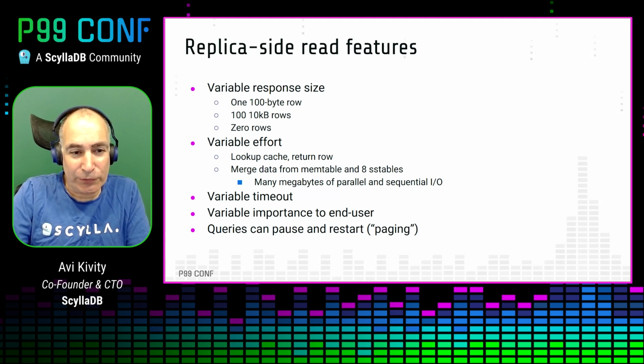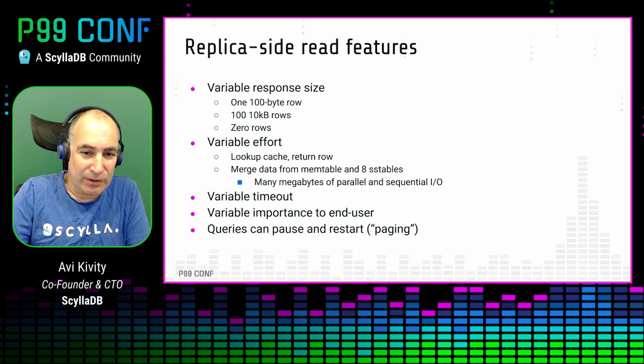The amount of effort that's involved in a query is also very variable. So it could be as simple as looking up in a cache, finding the row and returning it, or we might need to merge the data from multiple data sources. We can buffer some data that's on its way to disk in a memtable, and we will also read data from disk and files called SSTables.